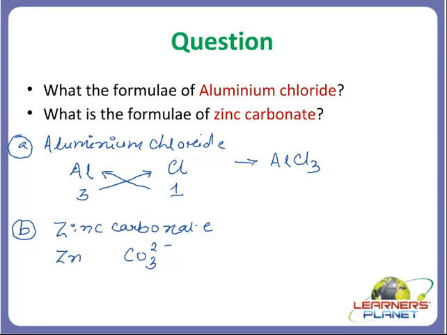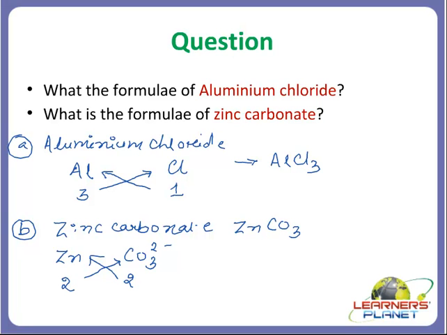So this is your carbonate ion. Fine. So what is the valency of zinc, students? The valency of zinc is 2. Here, what is the charge on carbonate? 2. So again you have to cross multiply it. So what will be the formula of zinc carbonate? ZnCO3.